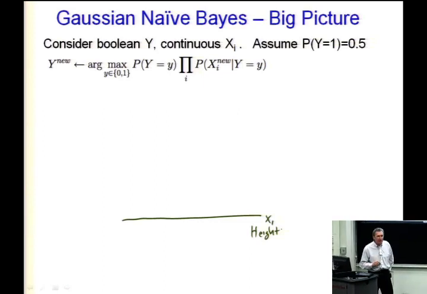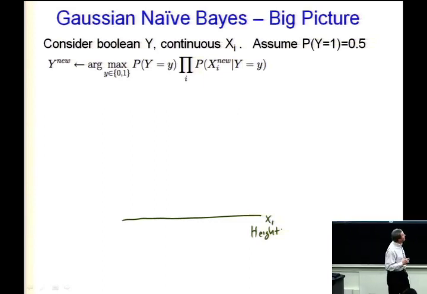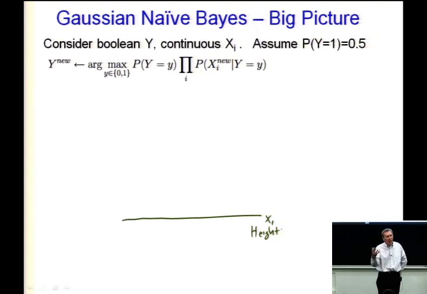We already know all about naive Bayes, so we know the decision rule shown here. Once we train our classifier, and of course training just means that we use our training data to estimate two distributions, p of y, the prior that somebody's a basketball player, and p of x given y, the conditional probability on their height, given that they are a basketball player.